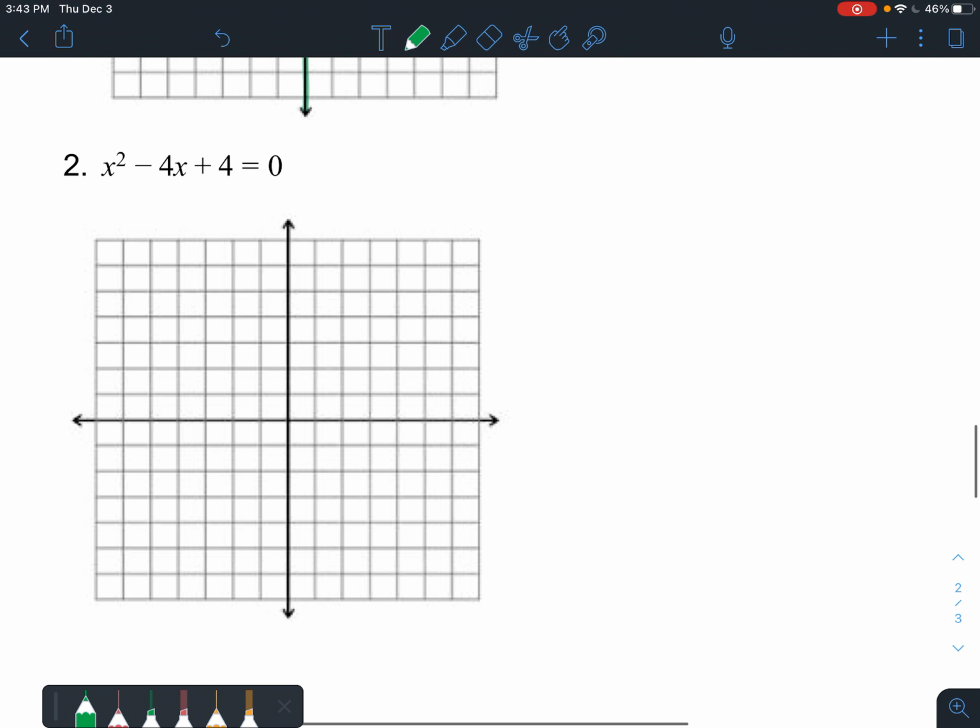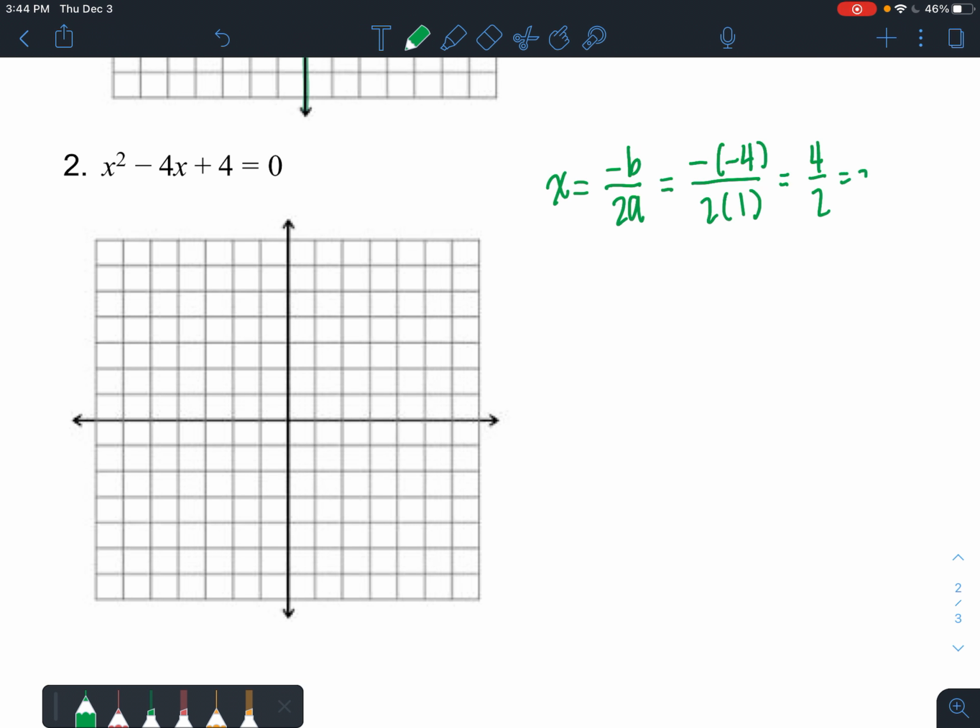All right, let's do this next one. To find my vertex, I do x equals negative b over 2a. b is -4, a is 1. So we simplify and get positive 4 over 2, or 2.